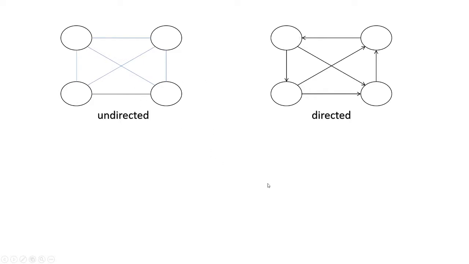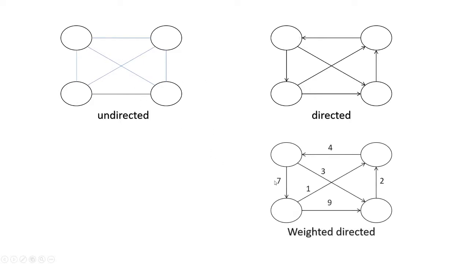Also, there's another variation of graphs which is called weighted graphs. In these graphs, the relationships between the data, or the edges, have weight. In other words, they have a value. This is for when you want to store the data for the distance, for instance in the cities example I mentioned earlier.